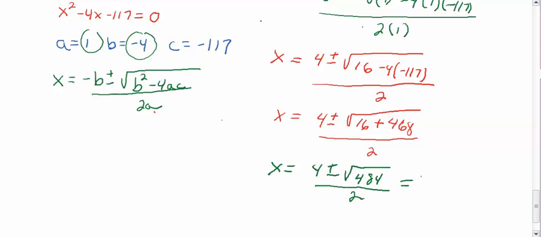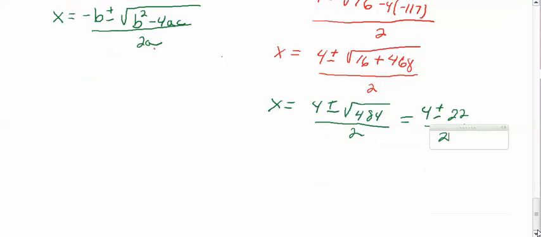And then I have 4 plus or minus the square root of 484 is 22, all over 2. Okay, and as you go home and you do these, the numbers are bigger. Go ahead and use a calculator, but know on your test or your quiz, we'll try to give you numbers that won't require too much calculation.